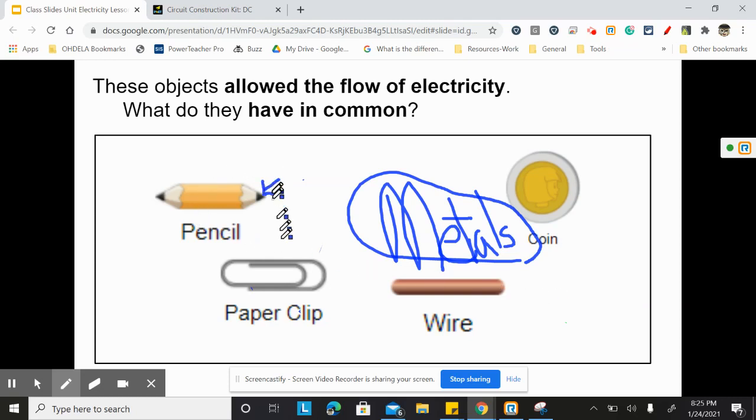The pencil lead is made up of a semiconductor. It's a semi-metal. It's an element that allows some current to flow through, but not a lot of current. That's why it did not light up the light bulb as much as the metal wire or paper clip did.